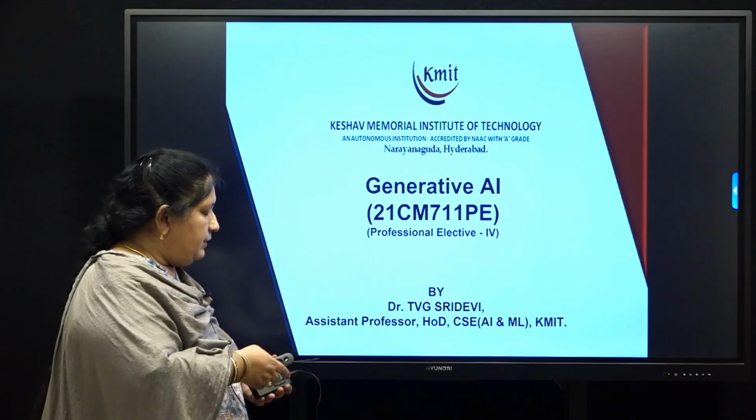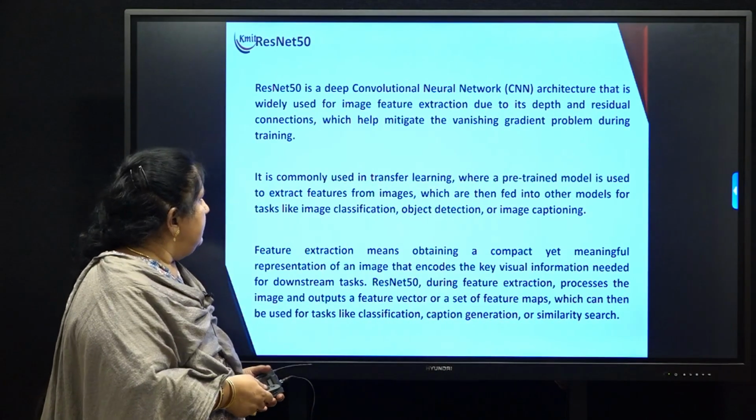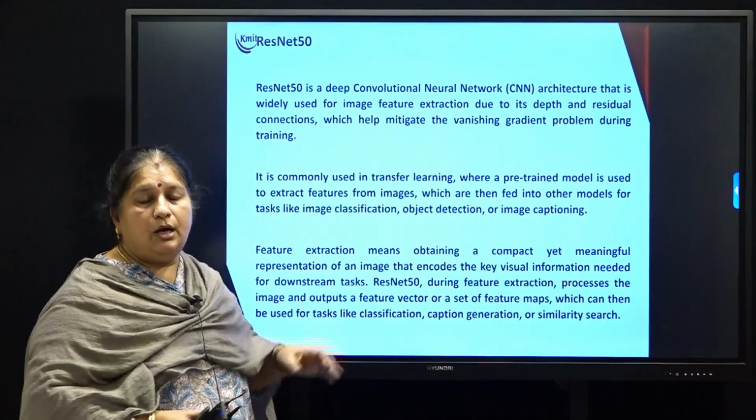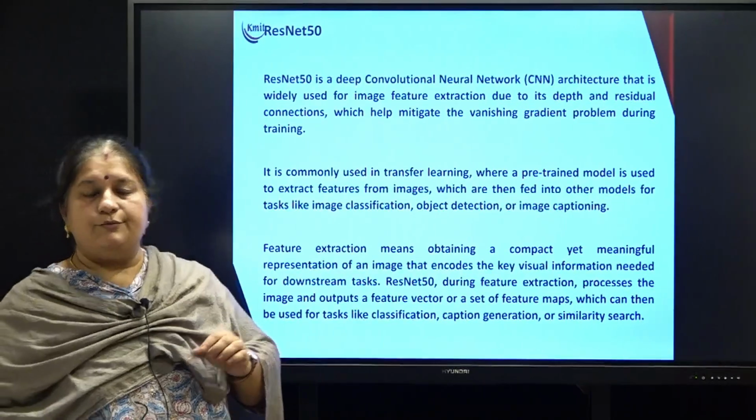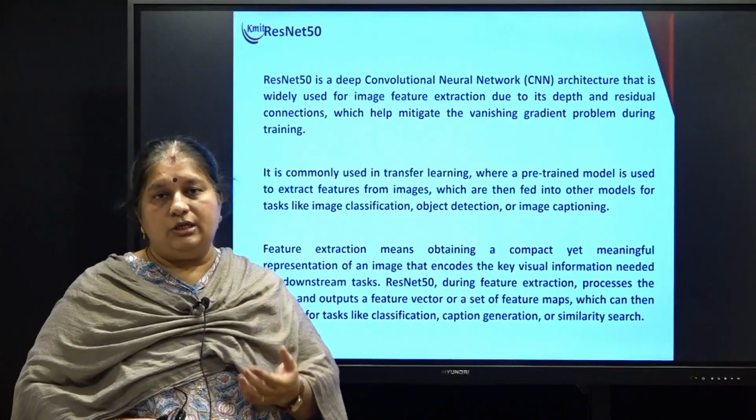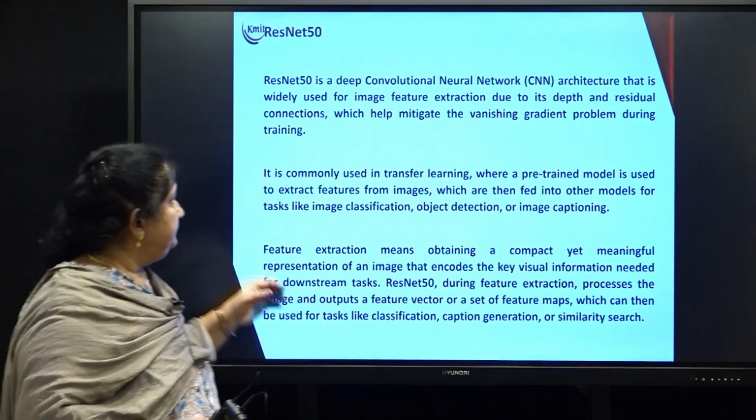In today's session we will be talking along the same lines, about how we are using ResNet to extract the features from the images before actually going for the captioning.